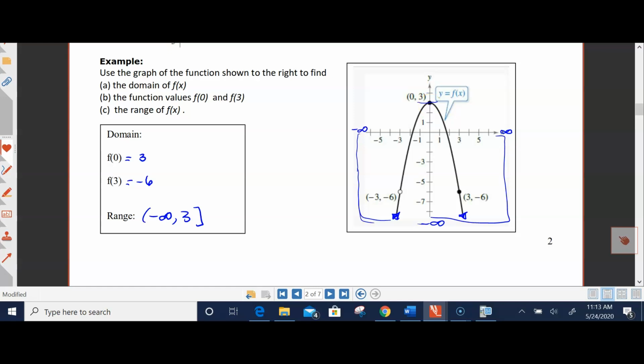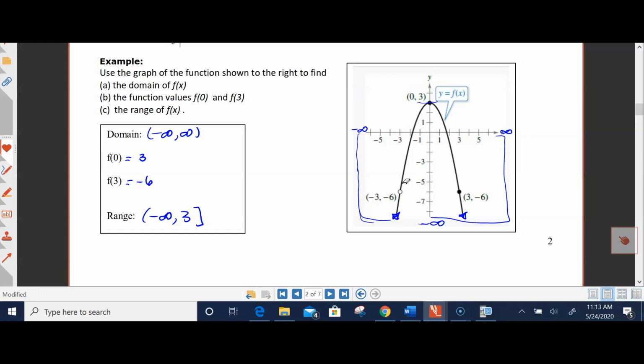Now, when looking at the domain, if this point were solid, my domain would just be negative infinity to positive infinity. You see a negative infinity here, positive infinity there, and for domain I go left to right. So it would be negative to positive infinity if I did not have that open circle.